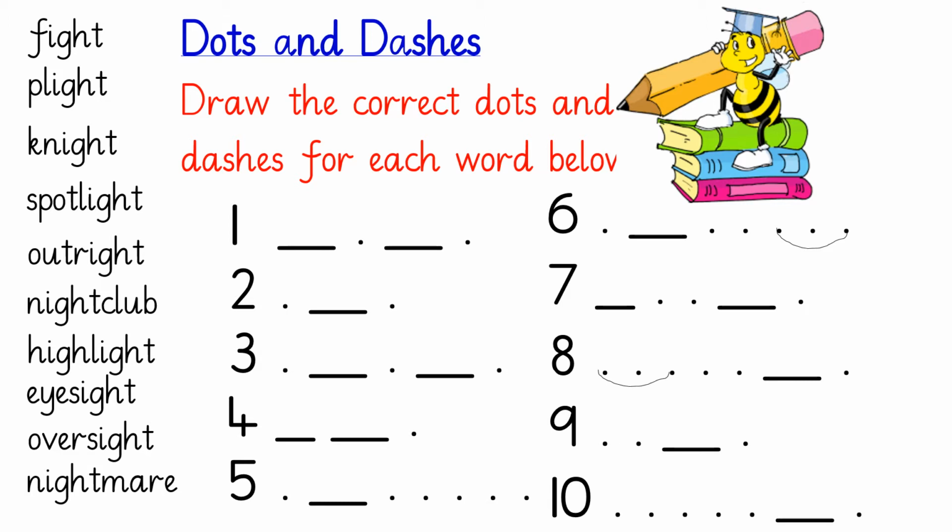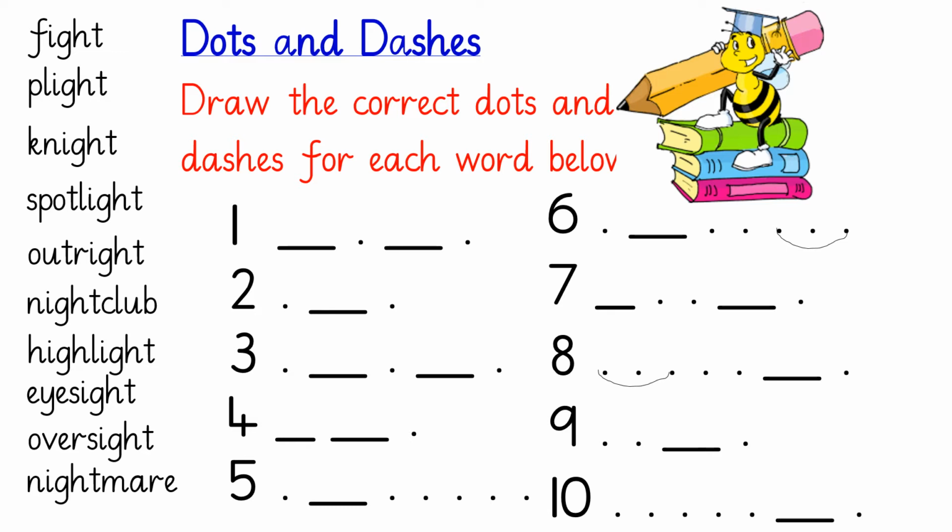Another thing to spot is that 6 and 8 have hammocks. So 6 and 8 must have magic E's in them. So let's look at these words, and if we read through them, what we spot is that from fight all the way down to highlight, there's not even an E in any of these letters, which means that none of these are 6 or 8.